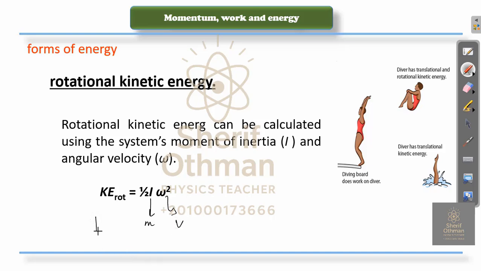If we said that the kinetic energy of linear motion is equal to half mv squared, by similarity, the rotational kinetic energy will have I omega squared. So the kinetic energy of linear motion is equal to half mv squared, and the kinetic energy of rotational motion is equal to half I omega squared.